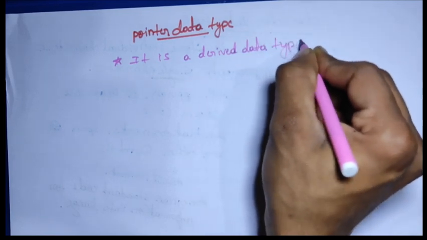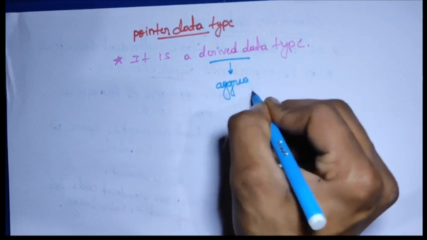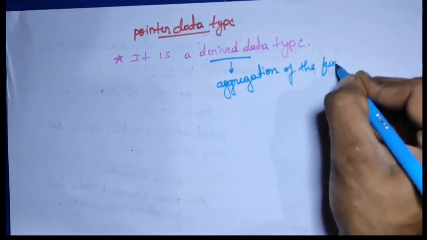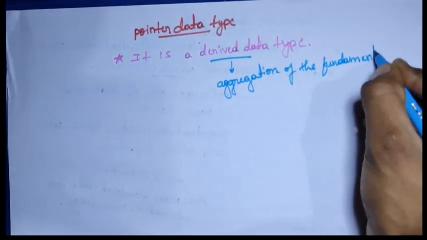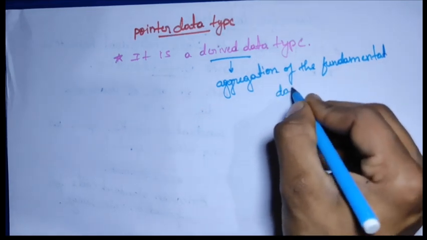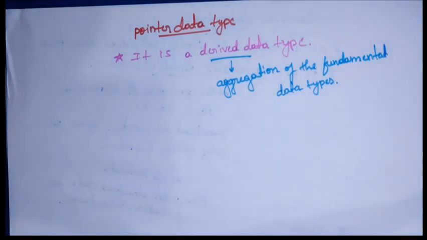Basically, derived means an aggregation of the fundamental data types. It is a concept of extension or modification: the drawbacks of the earlier thing are overcome or modified, and then a new thing is generated. That is basically what we know as derived. So it is a derived data type.